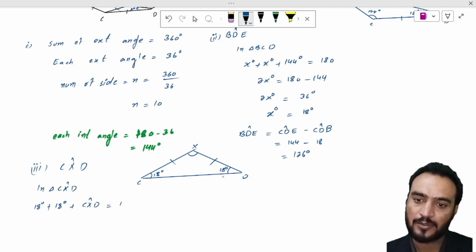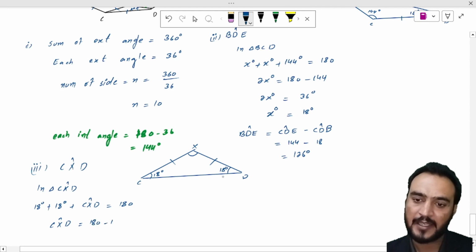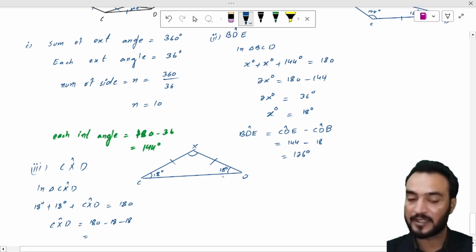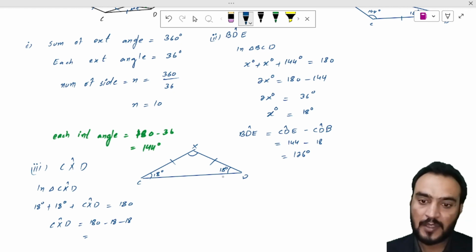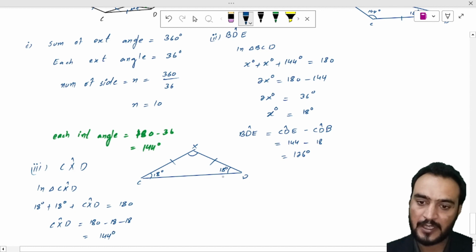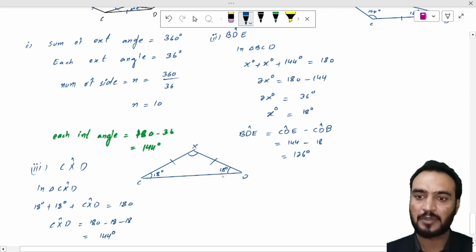Here the sum is equal to 180 degrees, because these are the interior angles of the triangle. So the angle CXD is 180 minus 18 minus 18. Subtracting 36 from 180, we get 144. So CXD is equal to 144 degrees. And so this was question number 15.